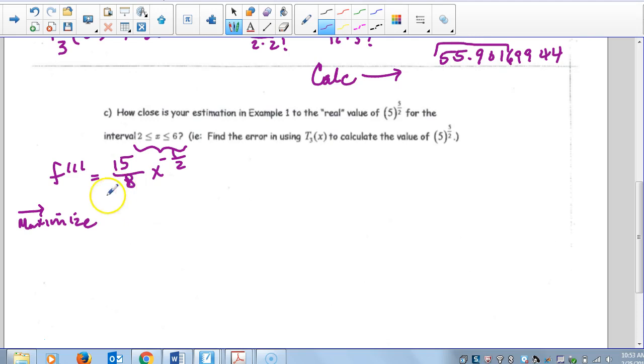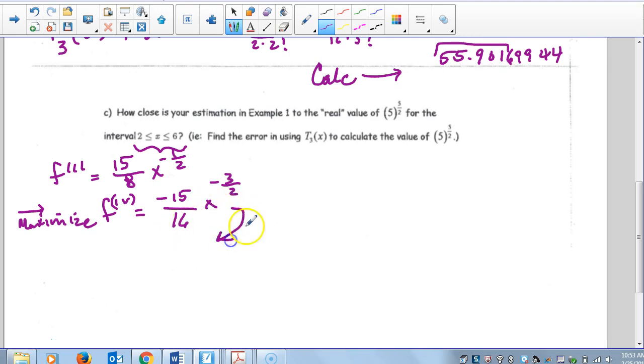I want the maximum of f4, which is the fourth derivative. So f4 is negative 15 over 16 x to the negative 3/2. But remember, to maximize it, you have to take its derivative, right? If I want a maximum of something, I need to take the derivative and find critical numbers.